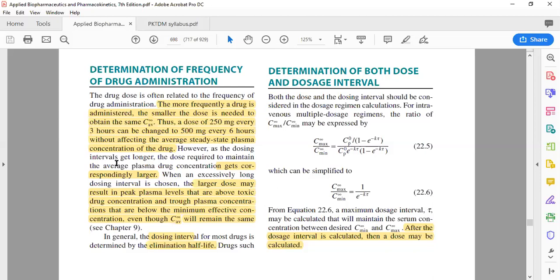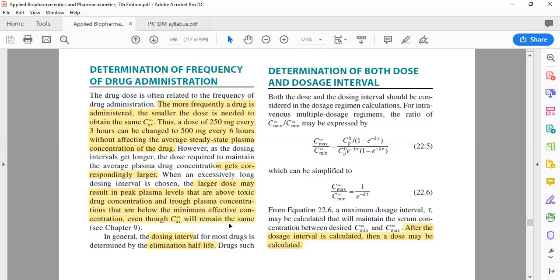But if the dosing interval gets longer, here the dosing interval of 6 hours is getting longer, the dose required to maintain the average is correspondingly larger. We already saw these things. When an excessively long interval is chosen, the larger dose may result in peak plasma concentrations that are above toxic concentration and trough concentrations that are below the minimum effective concentration, even though C average will remain the same.